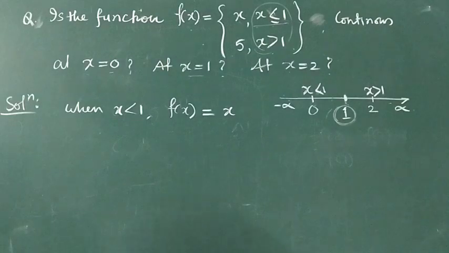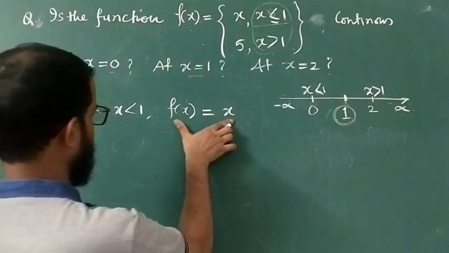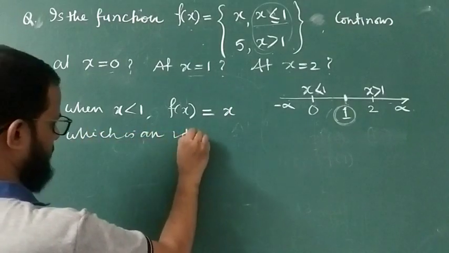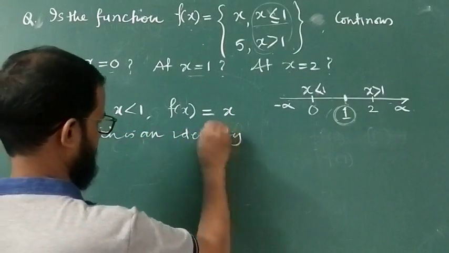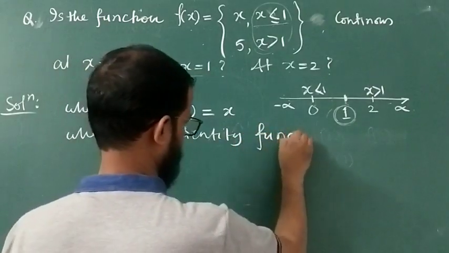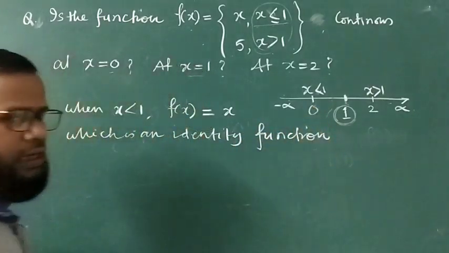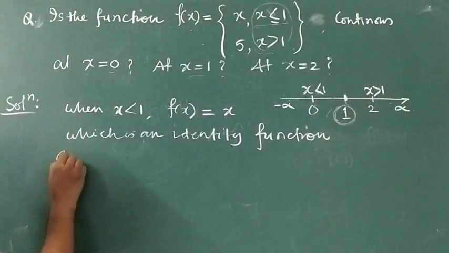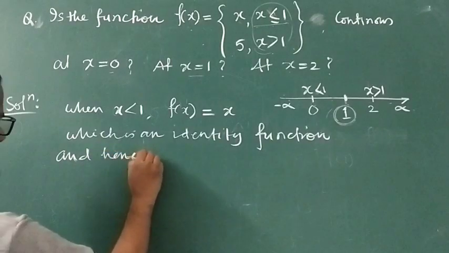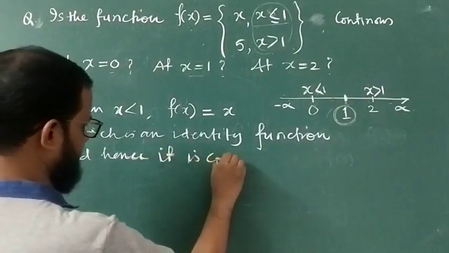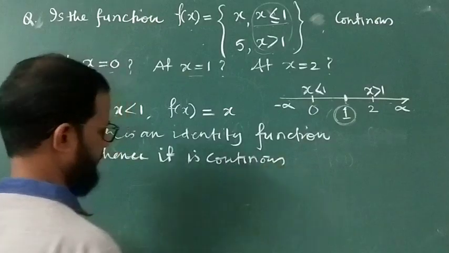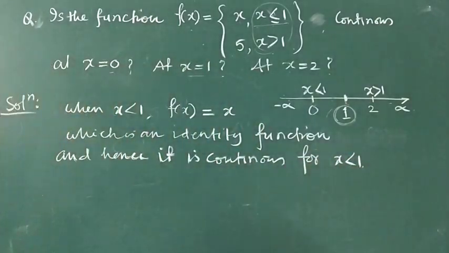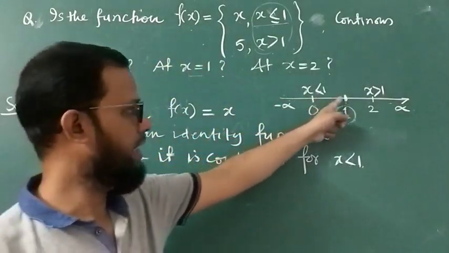Okay, and f(x) equal to x is an identity function, and we know that an identity function is continuous, hence it is continuous for x less than 1. That means our function f(x) is continuous for all x less than what?